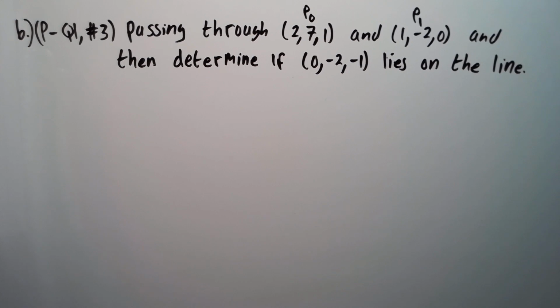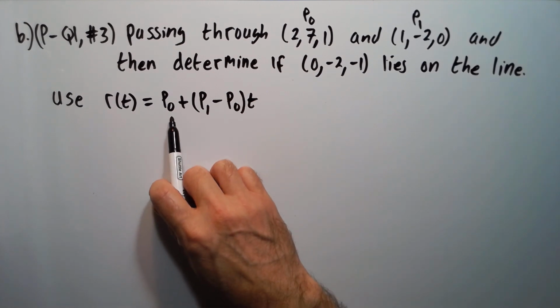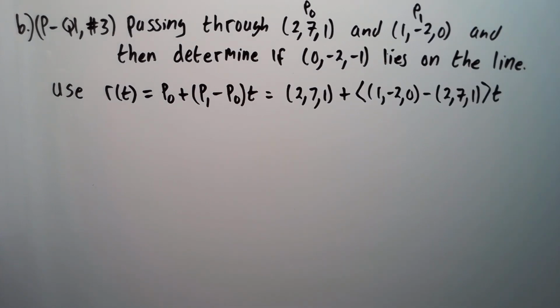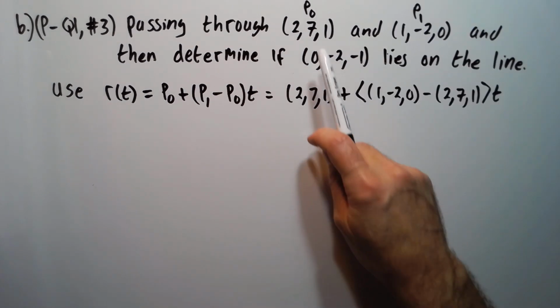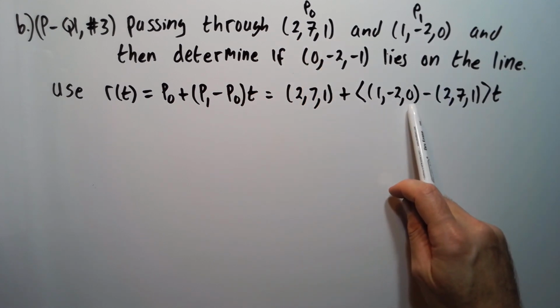Now let's write our equation of the line here. Let's make our substitutions for P0 and P1 now. So P0 is (2, 7, 1), and P1 is (1, -2, 0) minus P0.